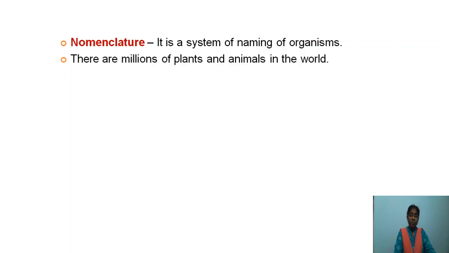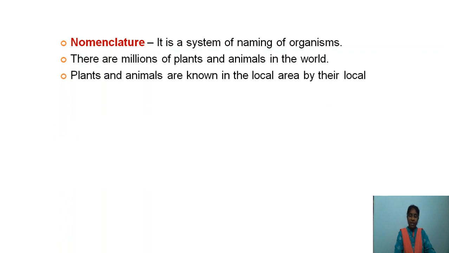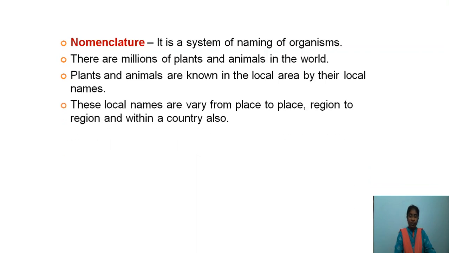There are millions of plants and animals in the world. Plants and animals are known in the local area by their local names. So these local names vary from place to place, region to region, and even within a country. Like in Odisha we say a different name, in West Bengal different, in Andhra it is different, and in Tamil Nadu it is different.